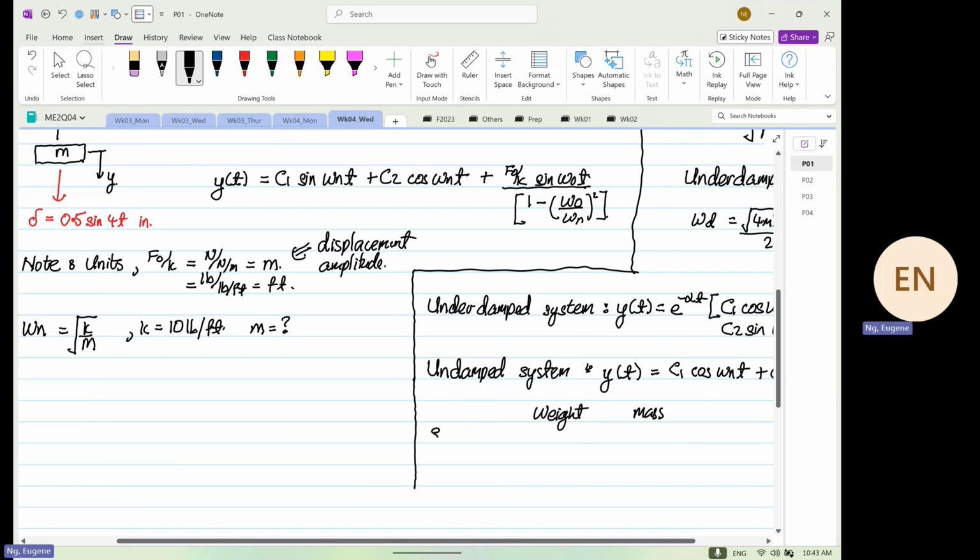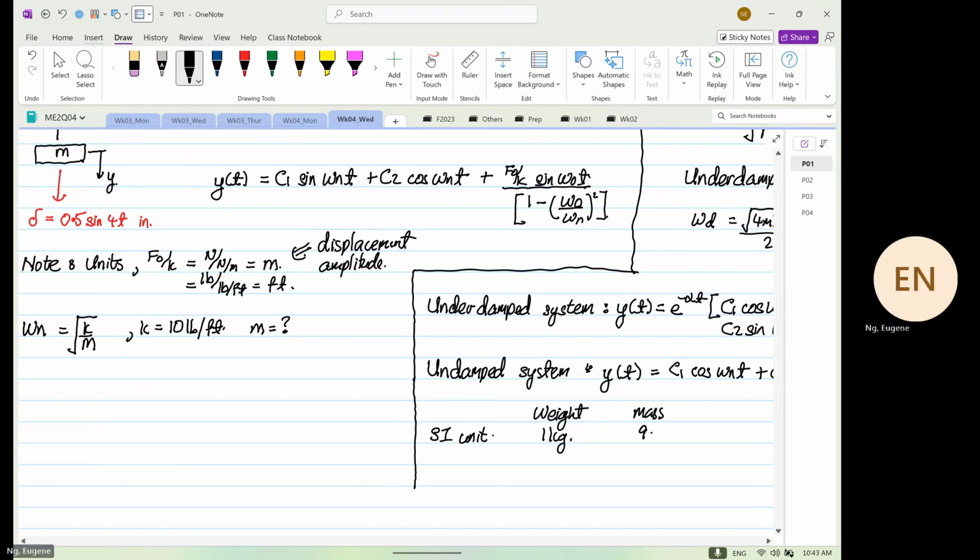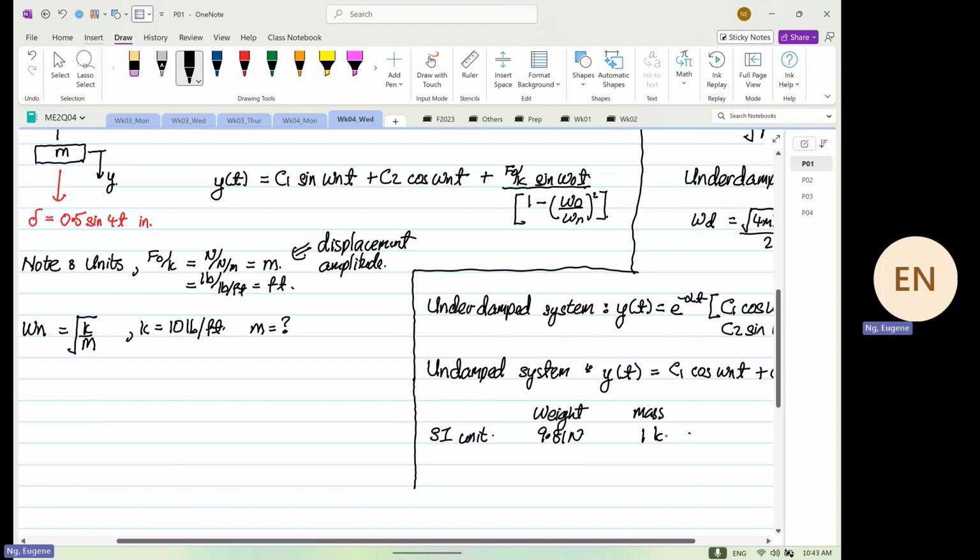So in SI unit, 1 kilogram is 9.81 Newton. Hey, what am I doing? Sleeping. 9.81 Newton is equal to 1 kilogram.